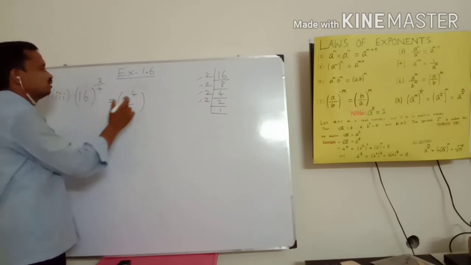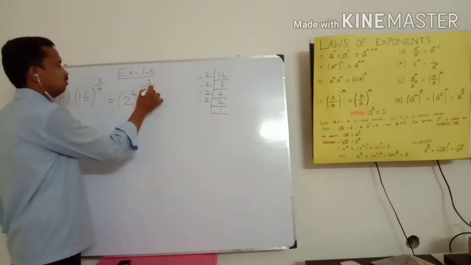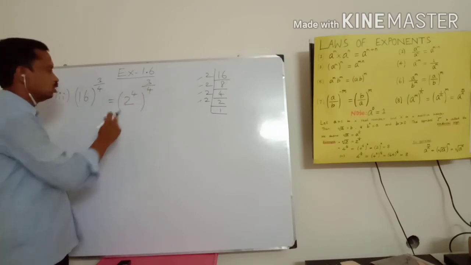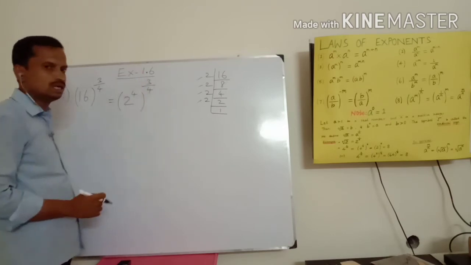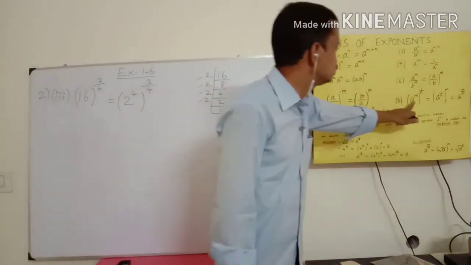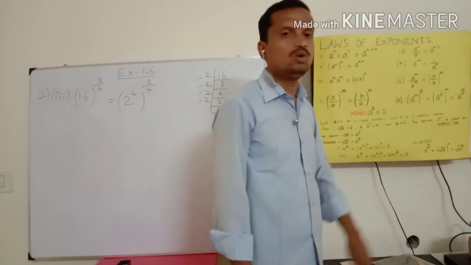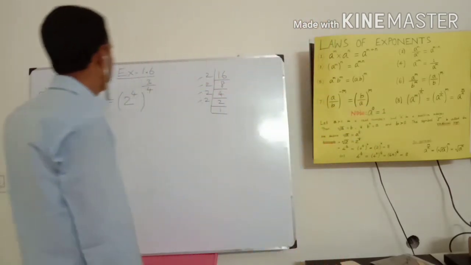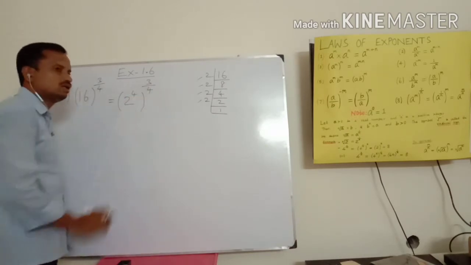And again the power is given as 3 by 4. So now 2 power 4, to the power 3 by 4. Like this, a power m into 1 by n. Here we are multiplying the powers.